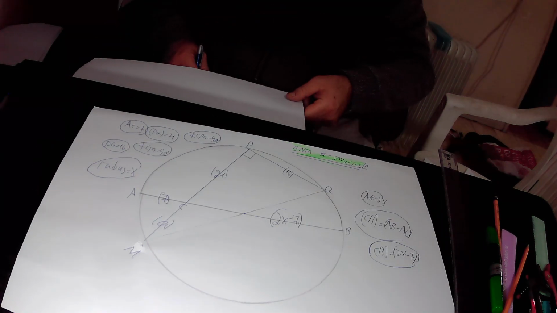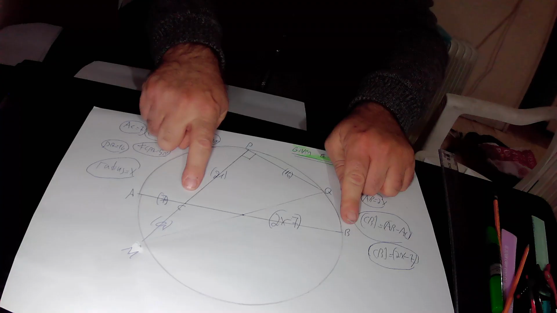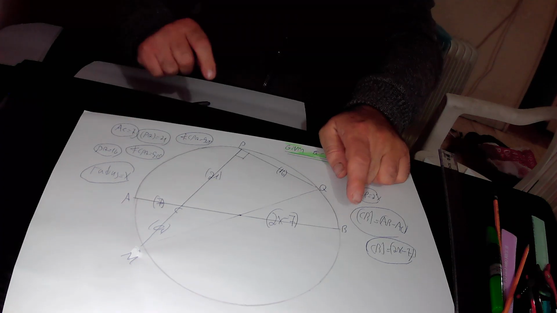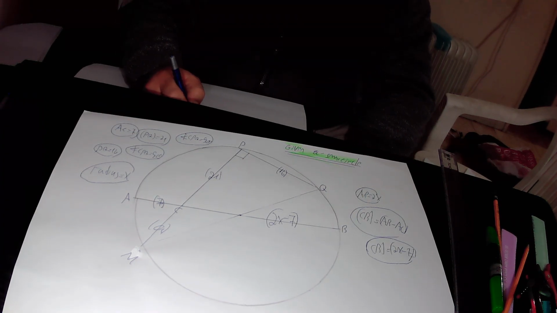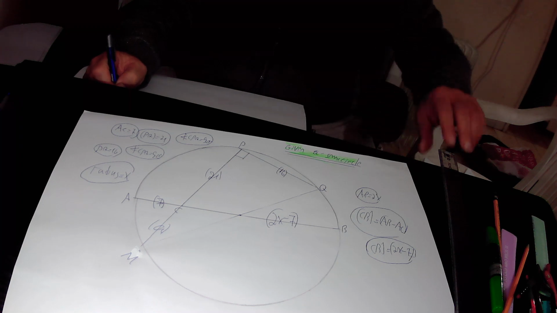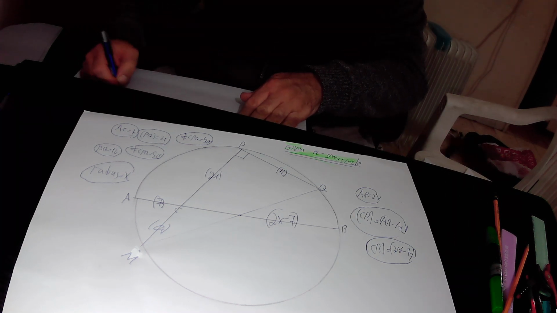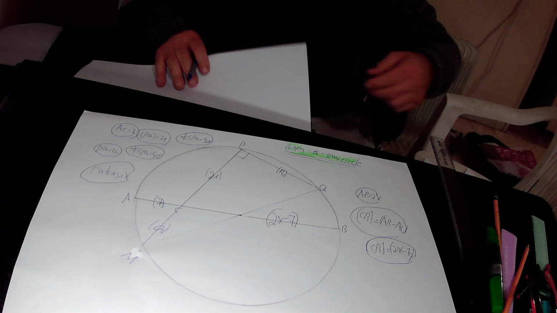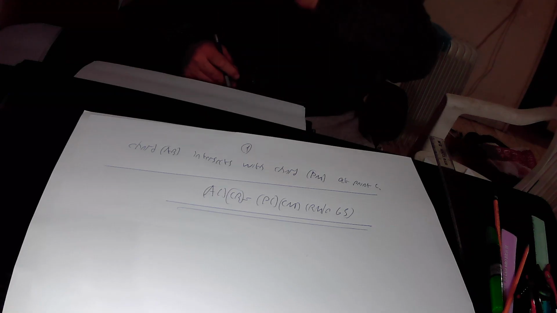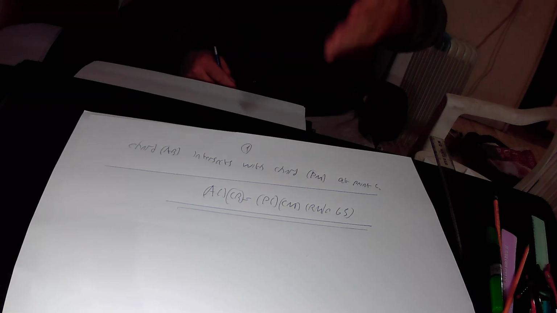According to rule 65, the following equation is true: AC times CB equals PC times CM. This equation is the implementation of rule 65 in our circle.